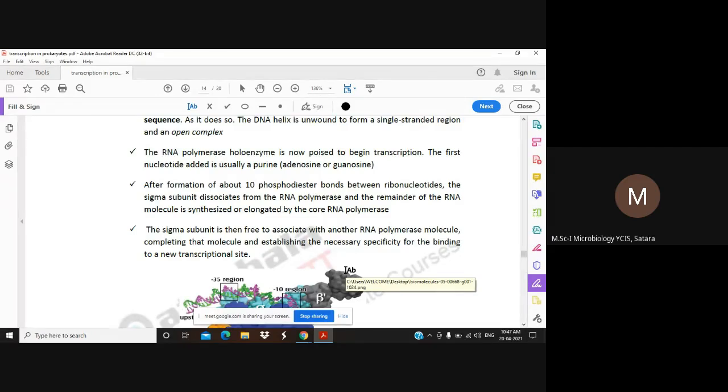So a purine is required first, in transcription or any process, the purine is added first.